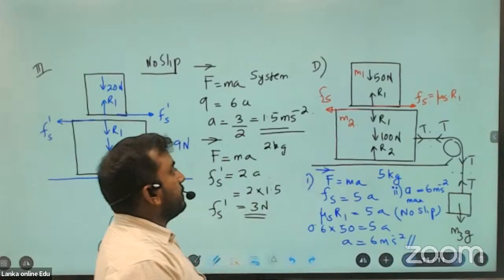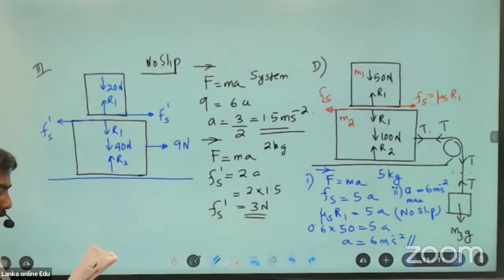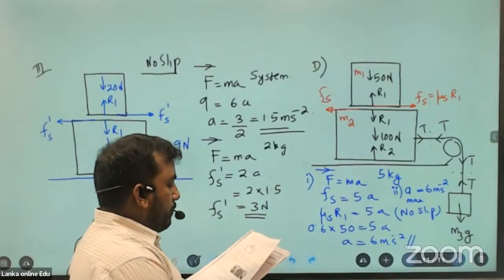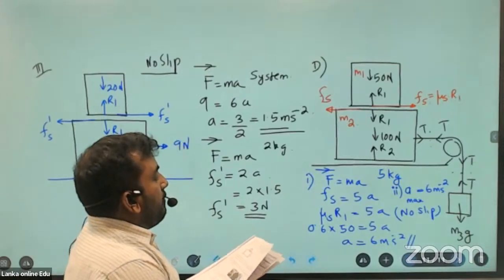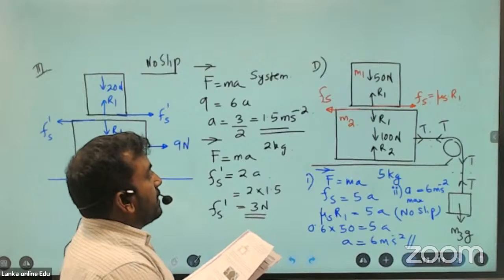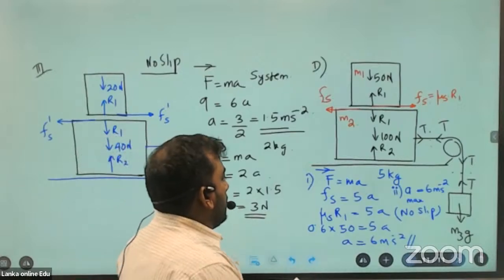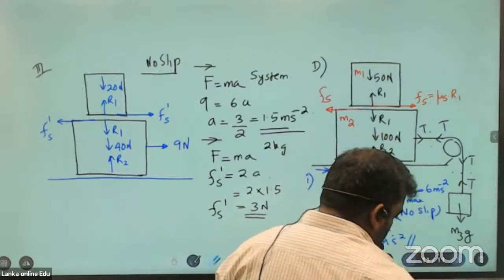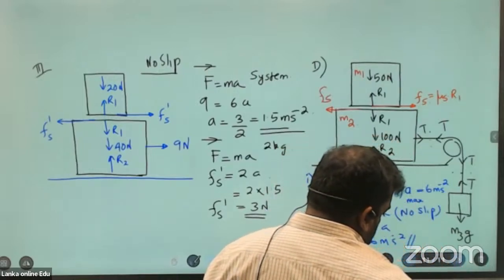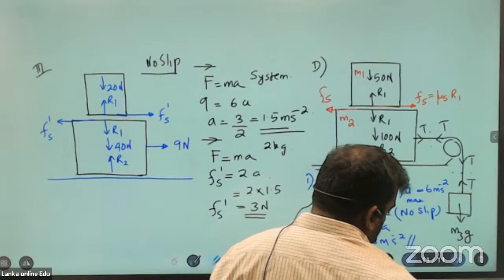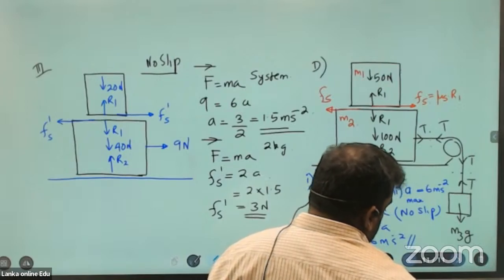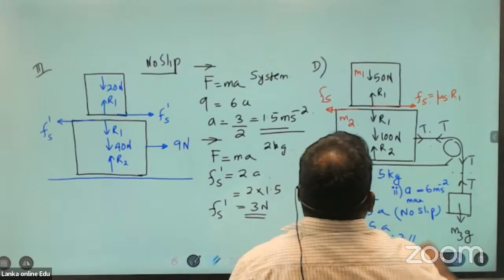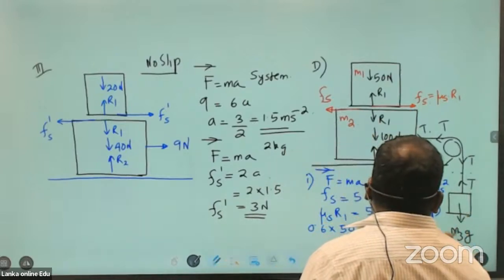What is the maximum value of M3 such that M1 does not slip on M2, at maximum acceleration? If you work the problem out here, tension minus limiting friction.